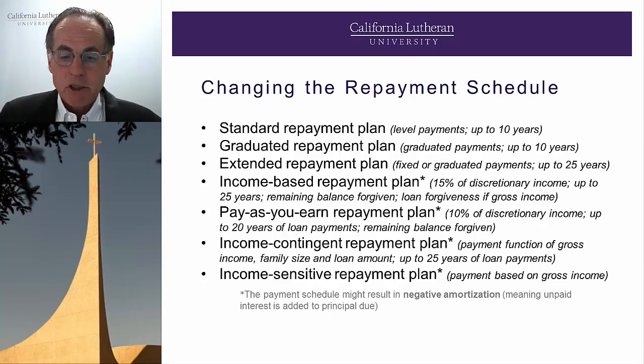The income contingent and income-sensitive repayment plans are based on a portion of gross income. You can learn more about the income-based repayment plan, pay-as-you-earn plan, income contingent plan, and income-sensitive plan by going to studentaid.ed.gov website and searching on repayment plans.